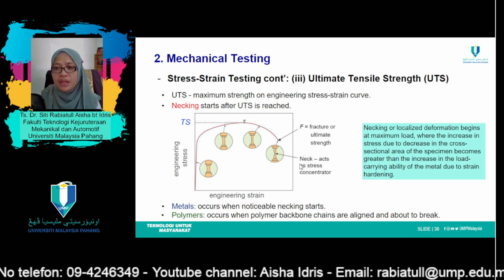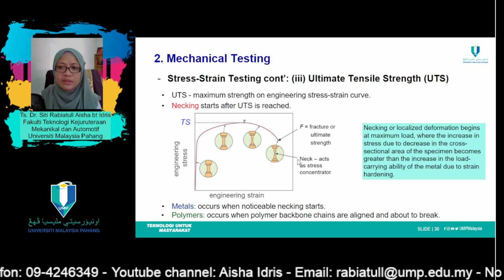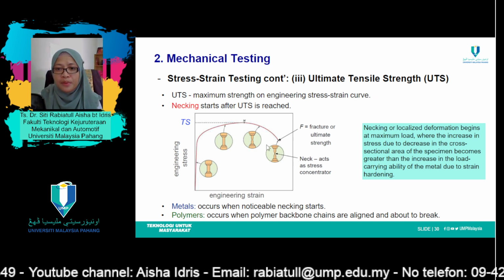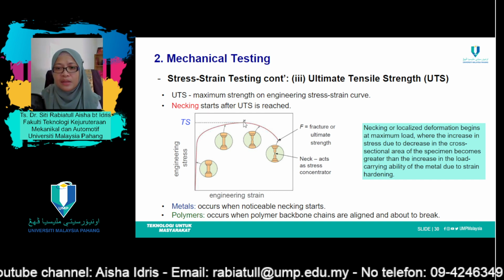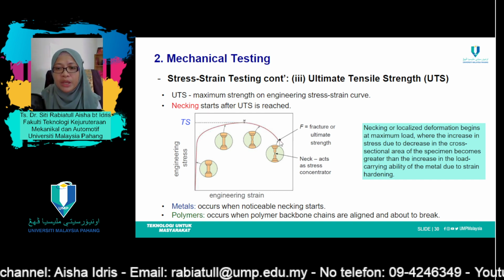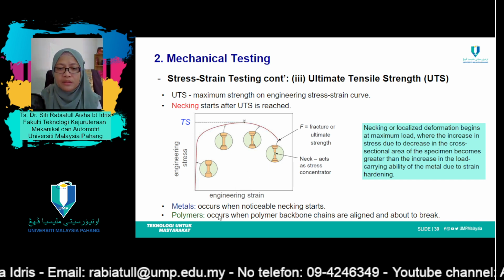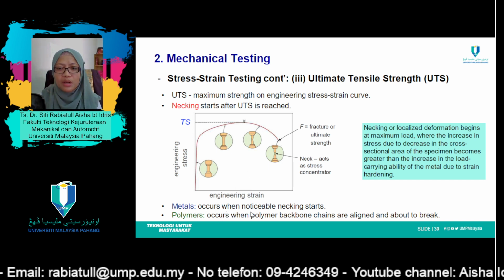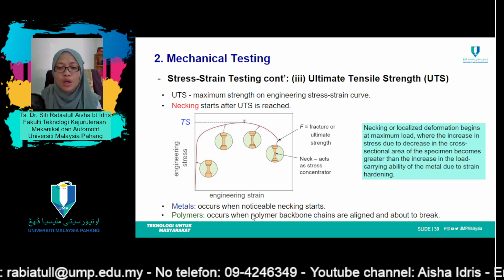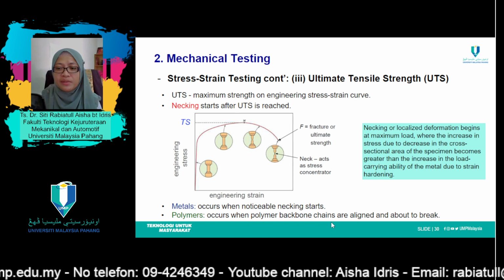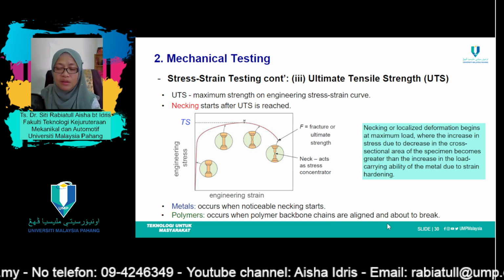And number three is ultimate tensile strength or UTS. After this point, necking starts to occur until it reaches fracture. For metal, UTS occurs when noticeable necking starts, whereas for polymers, UTS occurs when the polymer backbone chains are aligned and about to break.